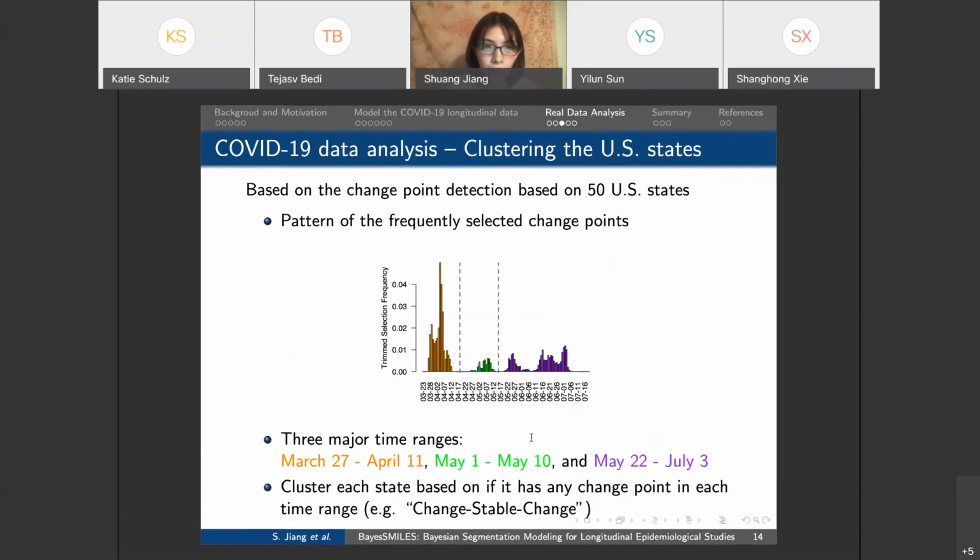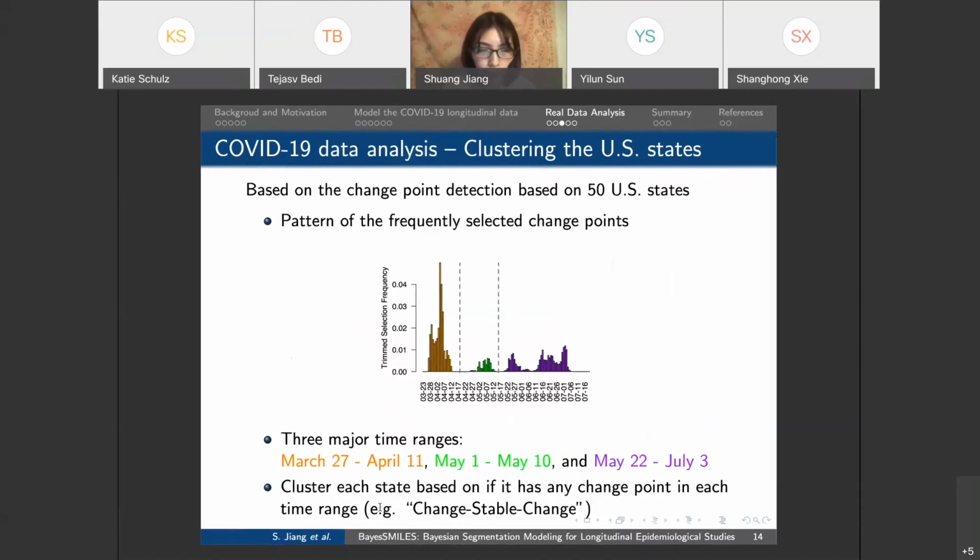First, we summarize the pattern of the frequently selected change points based on the results of the 50 US states we analyzed. The whole time range is divided into 3 categories. By matching the detected change points for each state with this pattern, we're able to define a cluster label for each state.